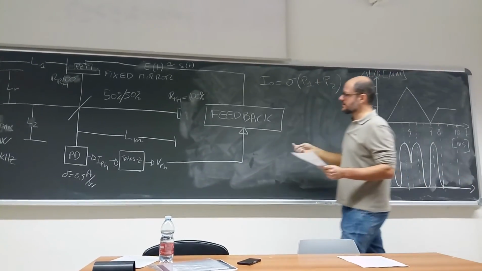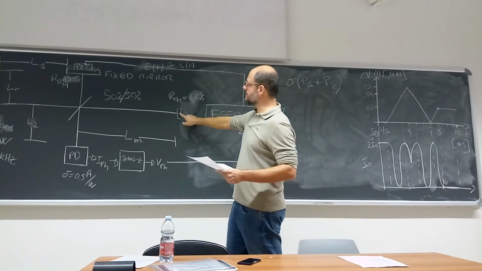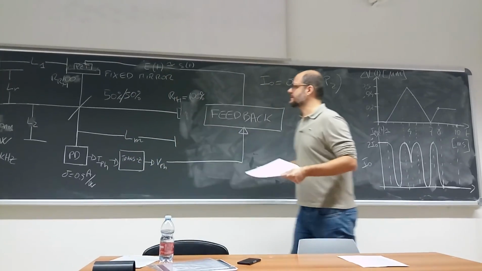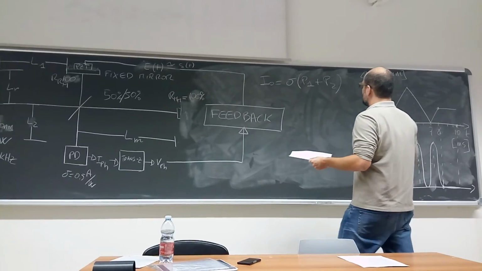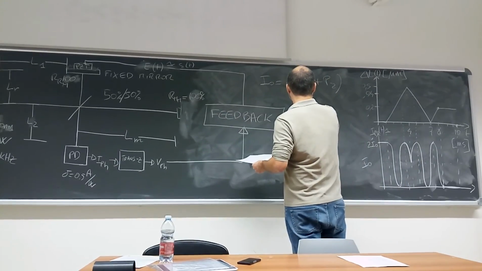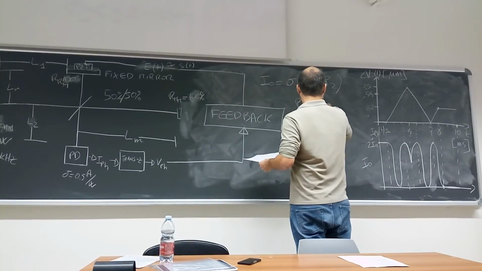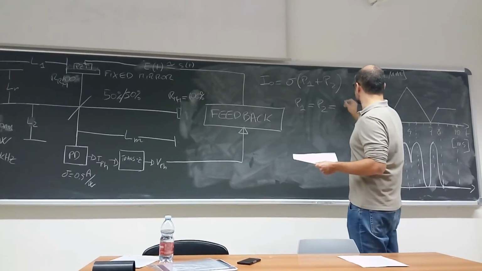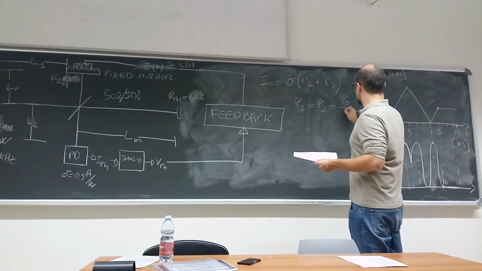Since in this case the reflectivity of the measuring and reference mirror is the same, and it is 100%, we have also that P1 is equal to P2 and is in particular equal to P0 over 4.